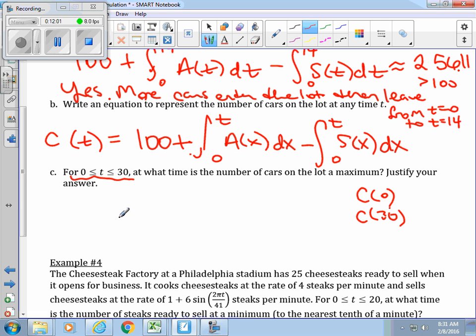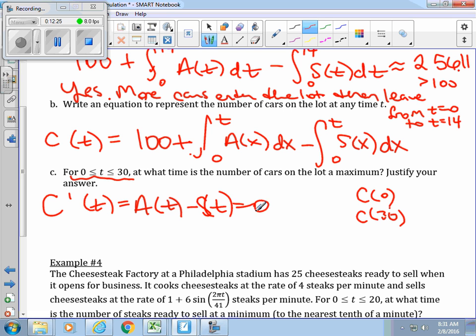Not quite. Close. When something equals 0. What do we set equal to 0 to find them? It's not the integral, it's the derivative. It's the derivative of this thing, which is just A of T minus S of T. Wouldn't you agree C prime of T is just A of T minus S of T?